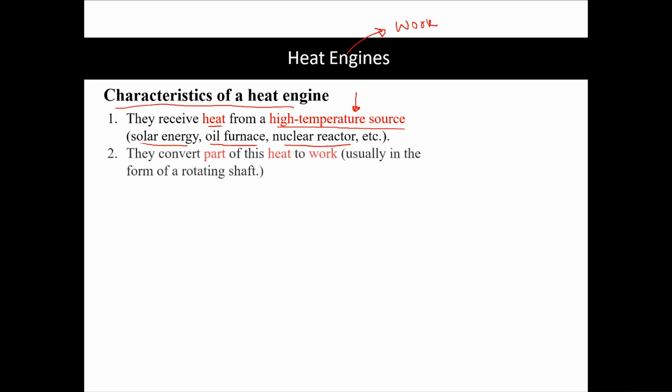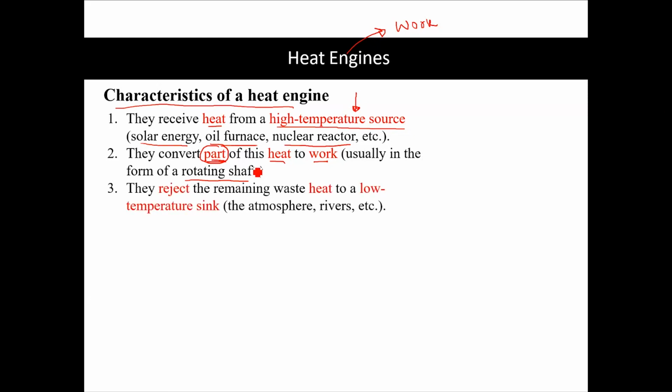The second aspect is that heat engines convert part of this heat to work, usually in the form of a rotating shaft, but only a portion of this heat is converted into work, not all of it. The portion which is not converted is rejected as waste heat to a low temperature sink.